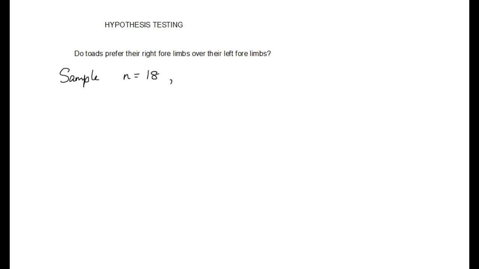And you conducted an experiment on them and figured out that 14 out of 18 preferred using their right forelimb. Now, if toads didn't have a preference, we would imagine that the result of this would be 9 out of 18.